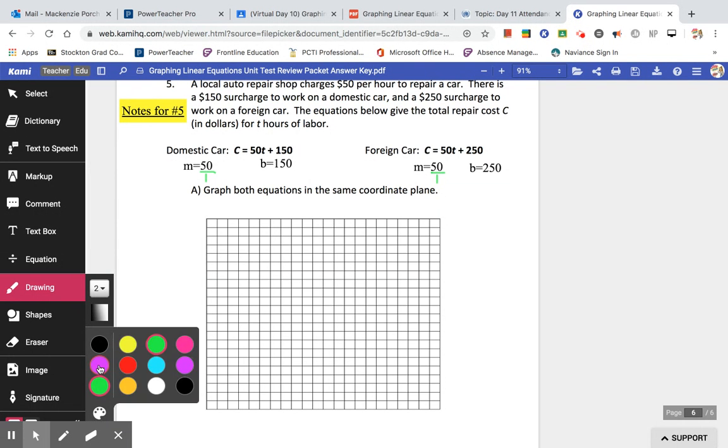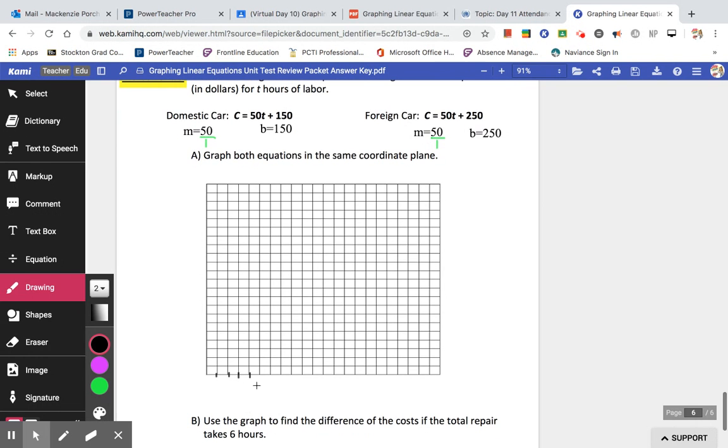So we remember that the x-axis always counts by 1. So I believe we can go up to 6. So 1, 2, 3, 4, 5, 6.